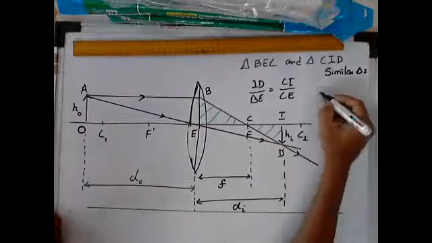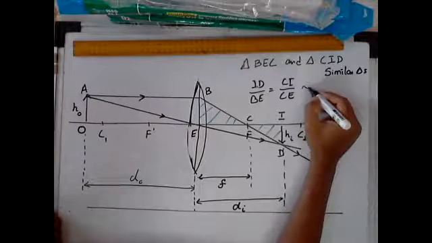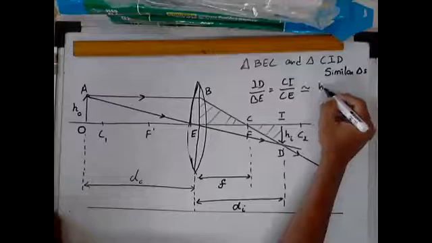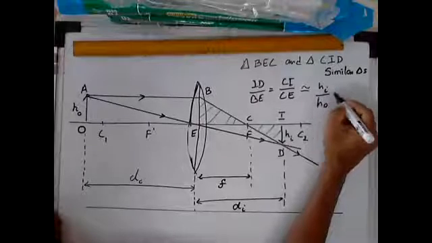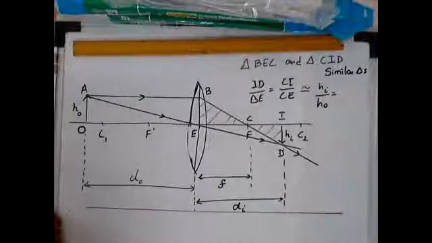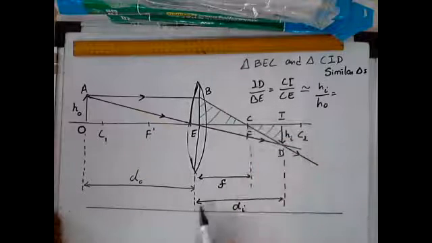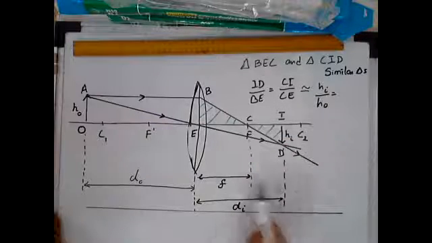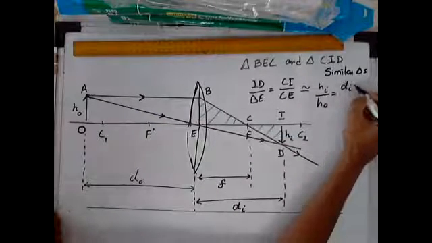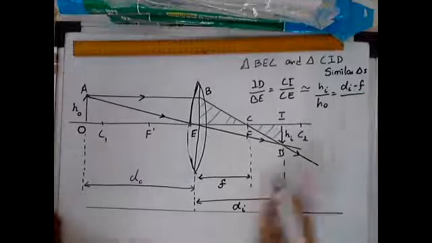Okay, so I can therefore say this is the same as writing height of image by height of object is the same as CI upon CE. So CI can be written as Di minus F, right?